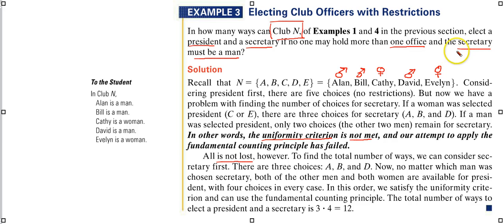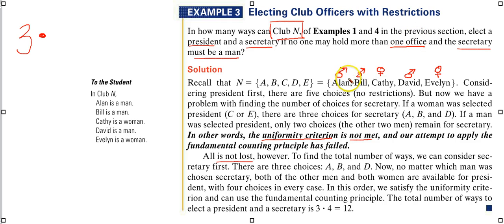This must be a man. So how many men do we have? Well, we have 3. Now, once you have a man as secretary, all the other candidates, eliminating the one man that you've chosen, can be in the president's position.